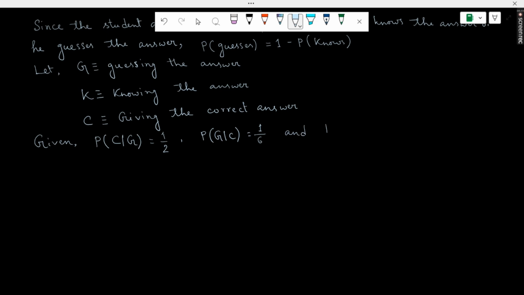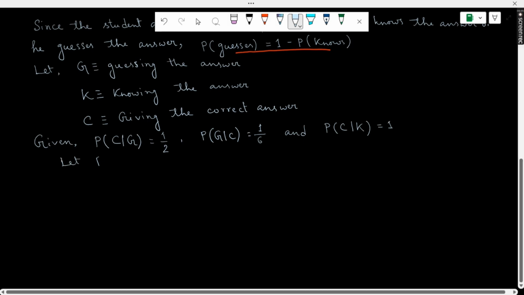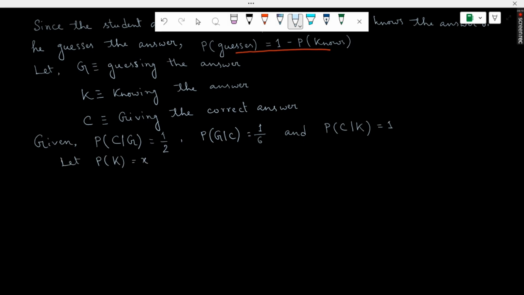And also probability of C given K is equal to 1, because if he knows the answer, he gives the correct answer. Now let probability of K be x. Then probability of guess is equal to 1 minus probability of knows, which implies that probability of G is equal to 1 minus x.